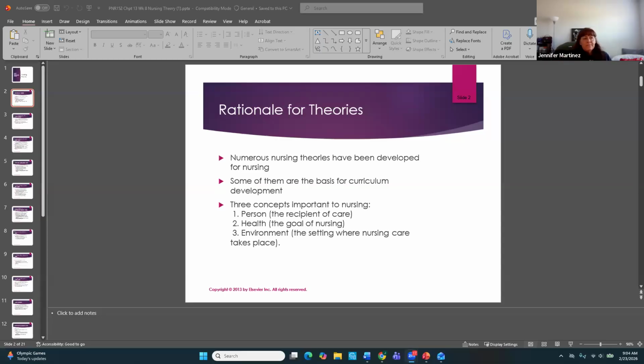And then the environment, the setting where nursing care takes place. And we know that nursing care can take place in a variety of settings, right? In hospitals and clinics, at home, long-term care facilities. So those are the three basic concepts that are important to nursing.